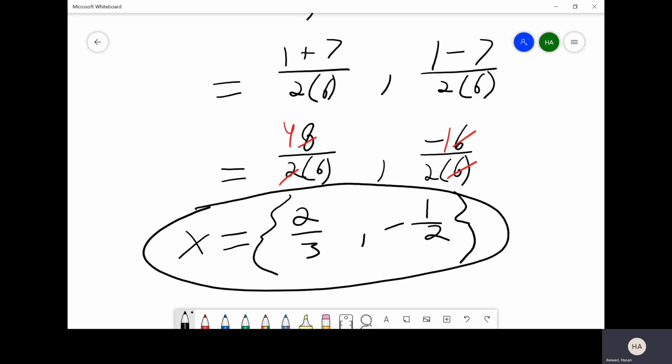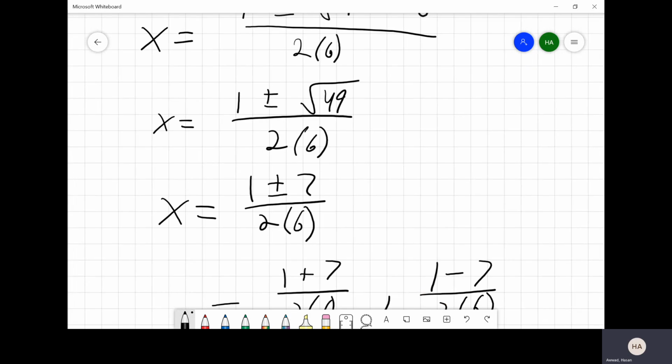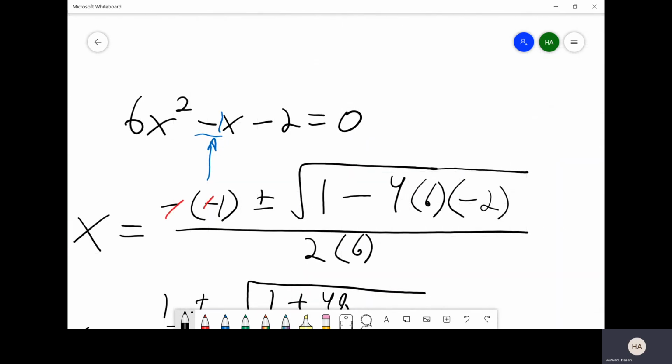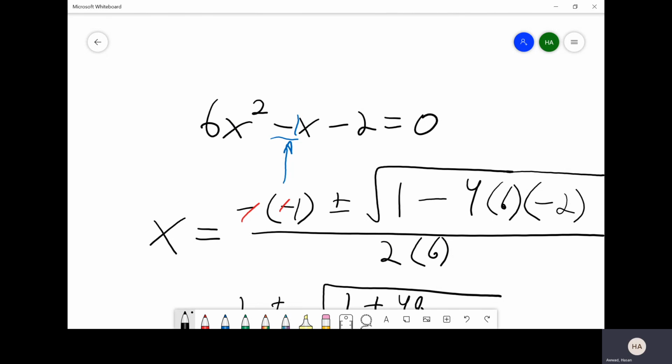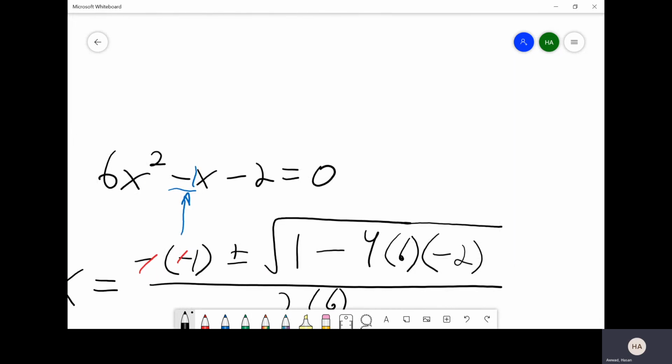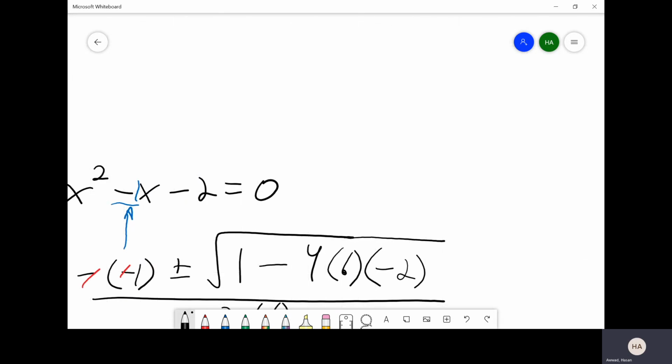And we're done. And now we realize, okay, yeah, this took quite a lot of steps, but this is definitely a lot easier than trying to factor something where our coefficient of x squared is 6. Why? Because what would we have to do? Well, if you were going to try to factor 6x squared, we'd have to be like, okay, our a times c step, which is 6 times negative 2.